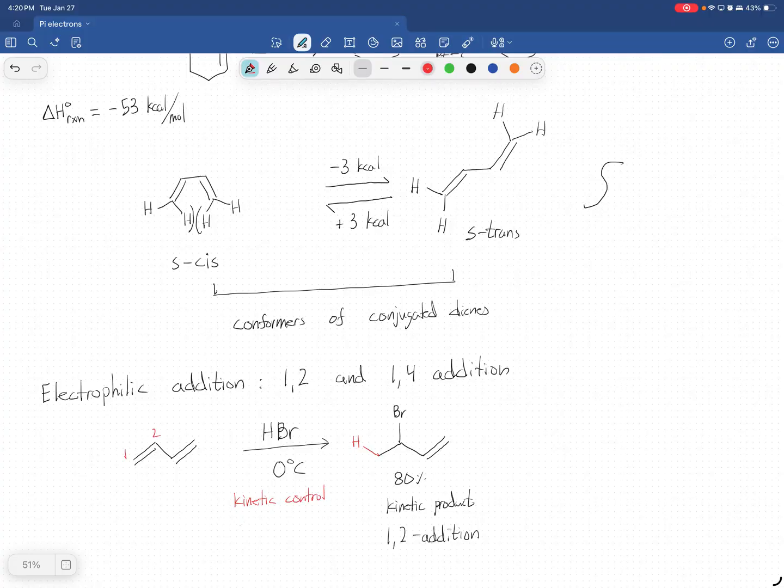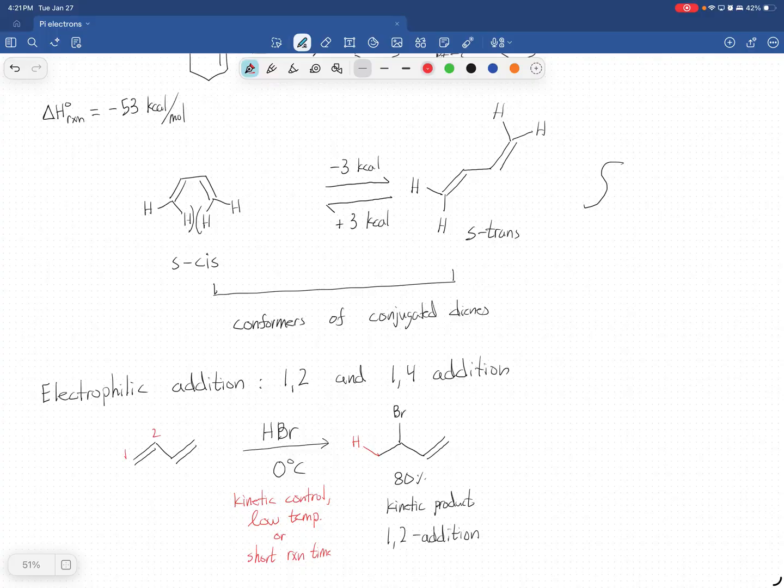All right? So kinetic control is usually favored by low temperatures, or short reaction time. So what does short reaction time mean? If you have a reaction that takes 2 weeks, is that considered short? 2 weeks to run a reaction?